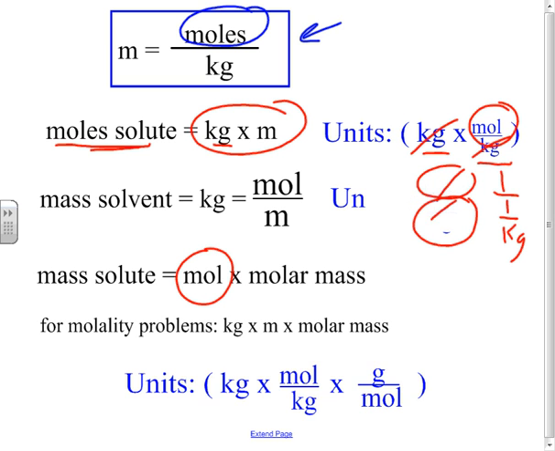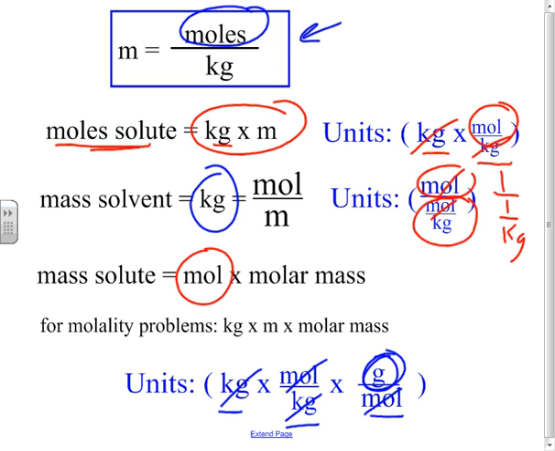And again, if you want to see the units for this, here's my number of kilograms, here's the molality, kilograms will cancel, here's the molar mass, moles will cancel, and that gives you the grams of the solute. Okay, do not confuse mass of solute with mass of solvent. They are two different quantities.